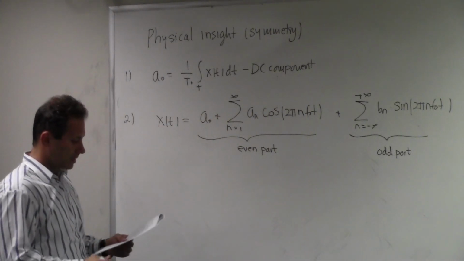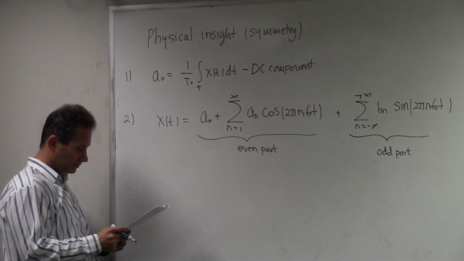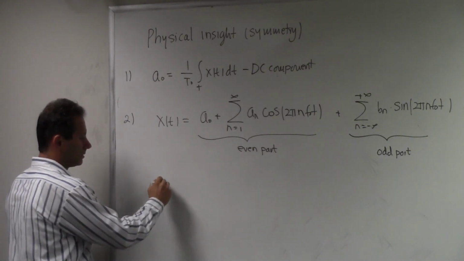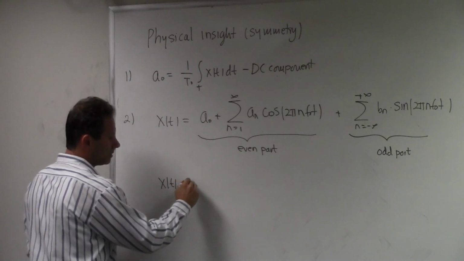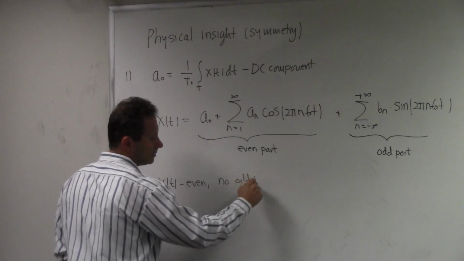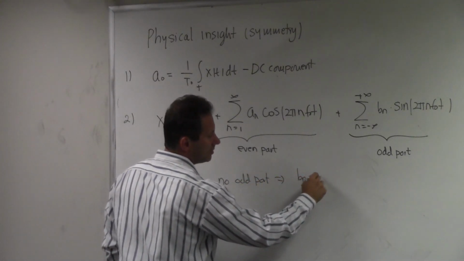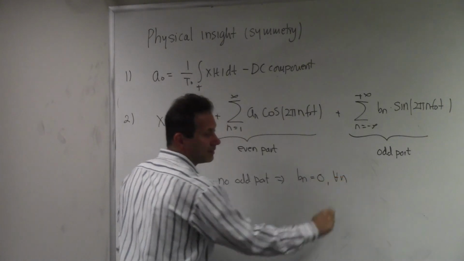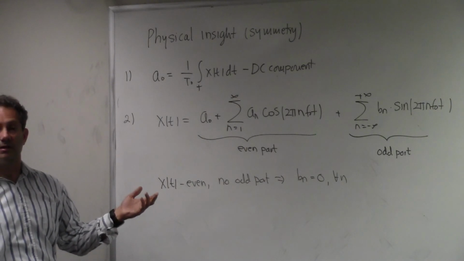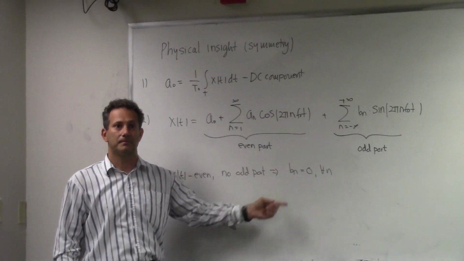So if the function is even, there is no odd part, and therefore Bn is going to be equal to 0 for every n. So if you look at the function and it has an even symmetry, there's no need to calculate the Bn's. They're going to be 0 for every n.